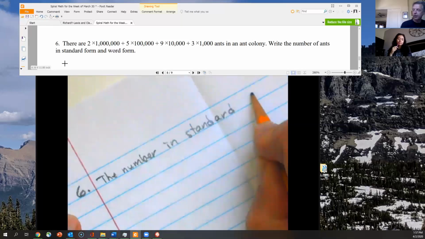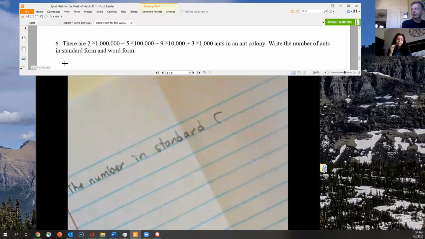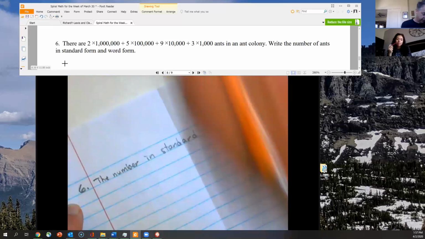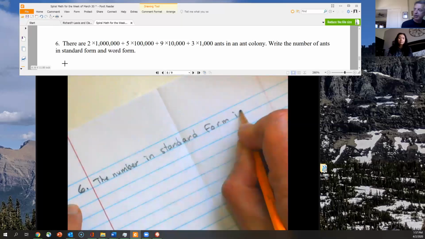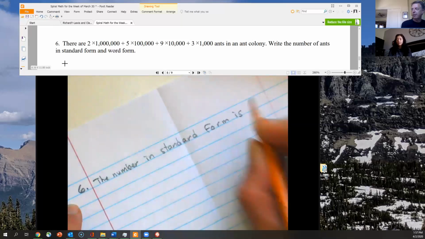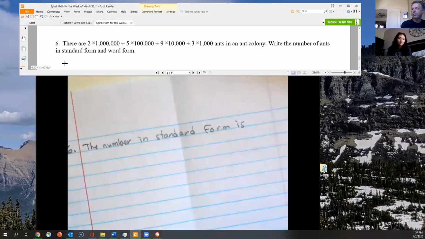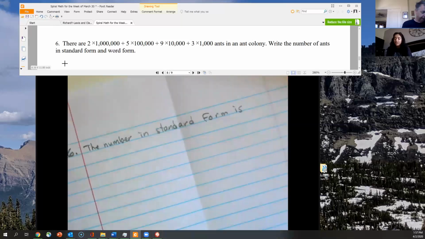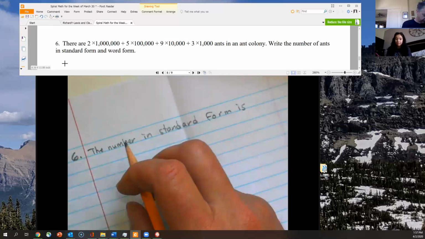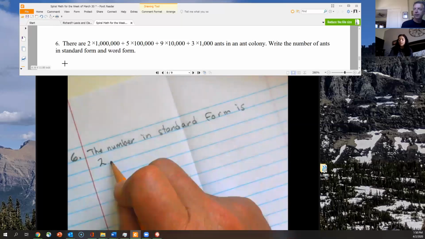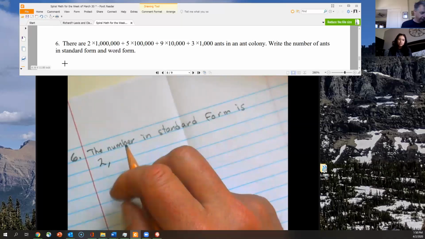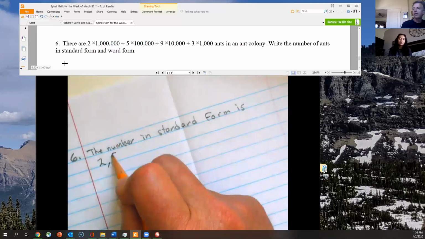And since I don't have any work for this one, you can go across the page. I could put a colon here or just leave it alone. And what's the number in standard form when I write it out? So I put my 2, and then I put my comma for my 2 million, and then I put my 5, which is my 100,000s place.